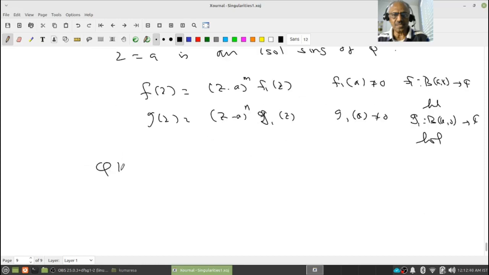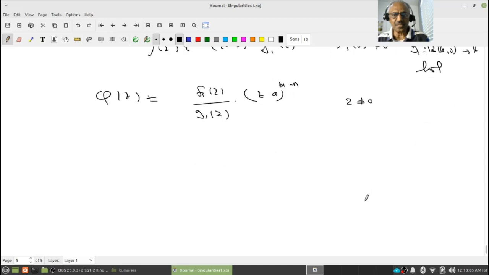Therefore my phi(z) is going to be f1(z) / g1(z) times (z - a)^(m - n), for z not equal to a.